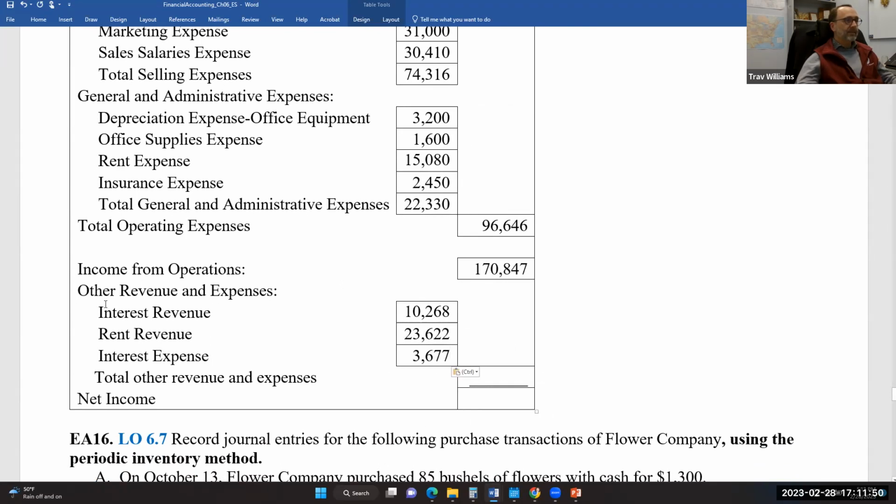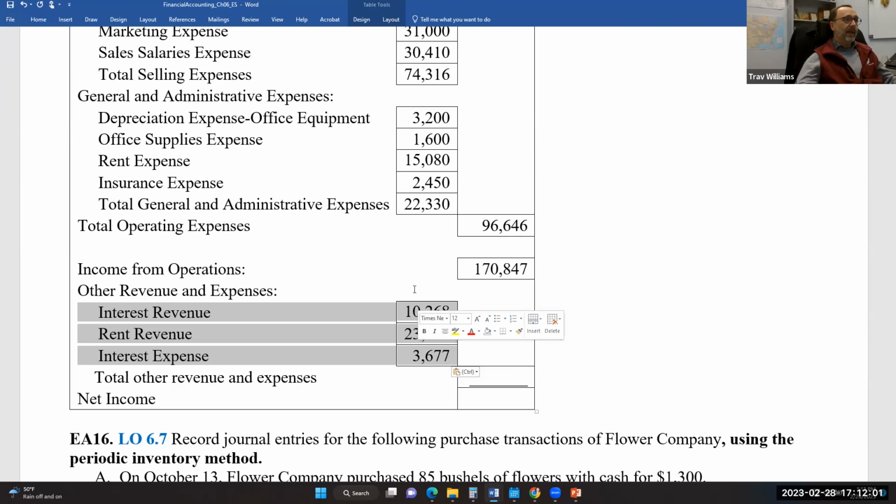So in this section, it's a little confusing because we have revenues which increase revenue and expenses which decrease our equity, right? So we're going to add the revenues, but then subtract the expense.